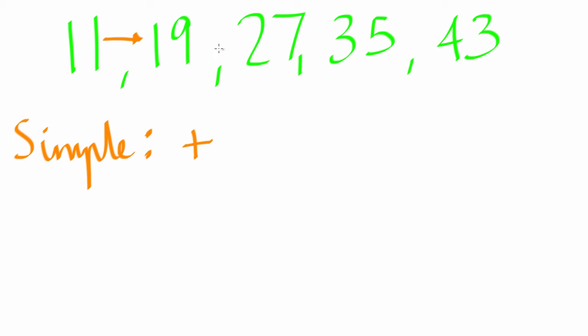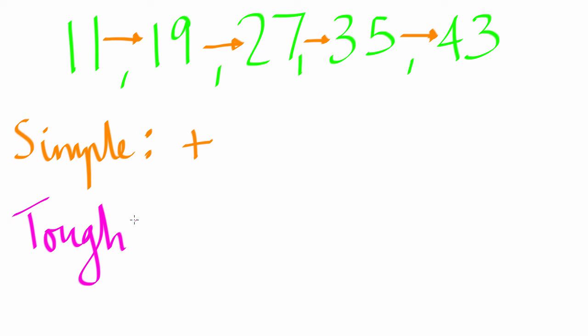Just moving along. And then you have to work out the tough rule. What do you do to the term, first, second, third, fourth, fifth, to get it to the number in the pattern?